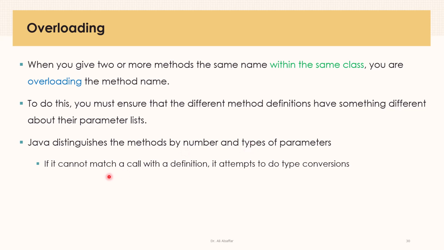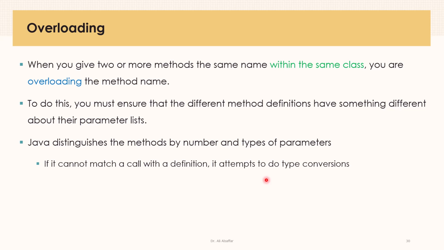Sometimes when you try to call a method that is overloaded, you cannot find a matching definition for this method. So what the compiler does is it attempts to do type conversions. And this happens if the data type can be converted to another data type.